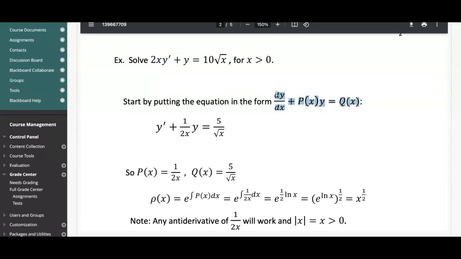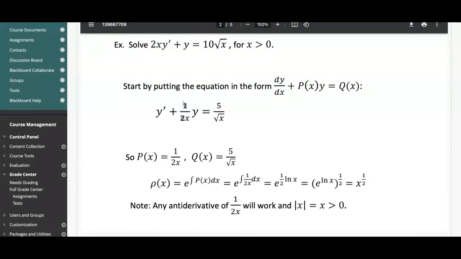So that's in the form of this, so we could use the integrating factor method. So we divide by 2x, right? We get y prime by itself, then plus y divided by 2x. Then 10 square root of x divided by 2x, we get 5 divided by square root of x.